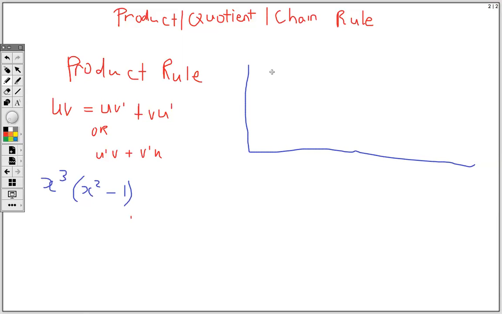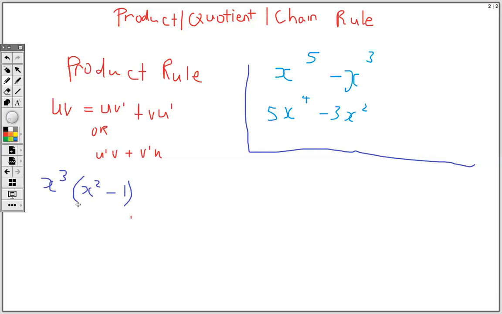So x cubed times x squared gives you x to the fifth. X cubed times negative 1 gives you minus x cubed. Then differentiate this, we have 5x to the 4th minus 3x squared. So that is one way.